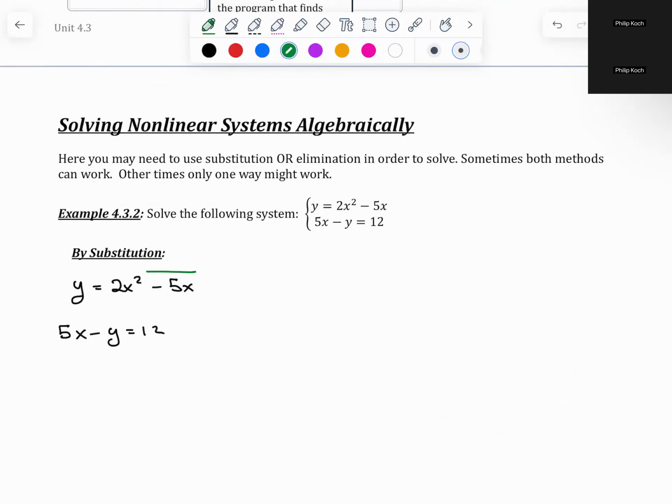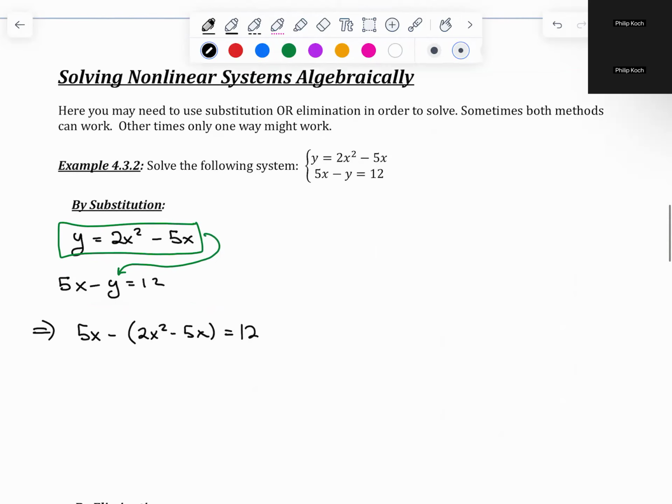We'll take this top equation and substitute that in for y. That will yield 5x minus (2x squared minus 5x) equals 12. Remember your parentheses so that you don't forget to distribute the minus sign in.